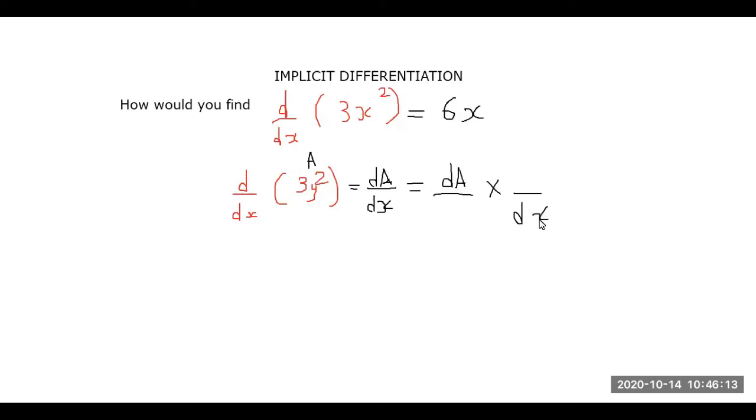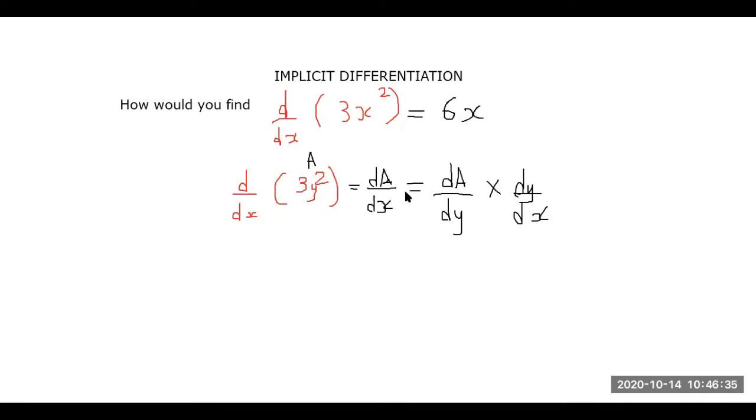Now A is written in terms of y, and so dA by dy times dy by dx will give us dA by dx. Can we agree? Because clearly the dy's will cancel, or they would appear to cancel.